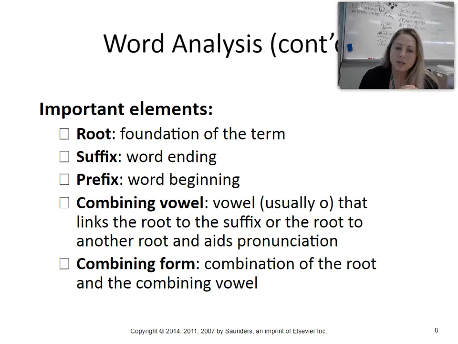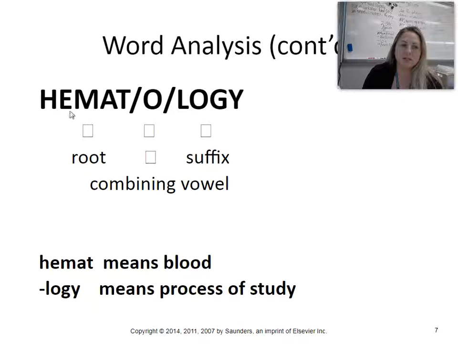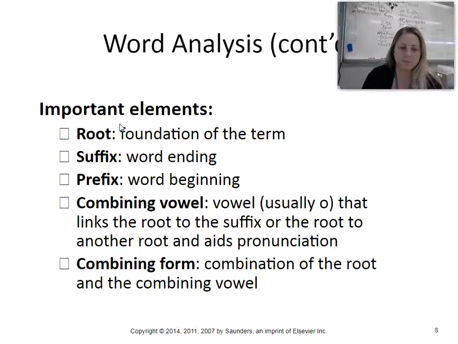And then your combining form is the combination of the root word and the combining vowel altogether, right? Because if you look at our previous slide, hemat is the root, O is the combining vowel. Together, hemato would be the combining form.